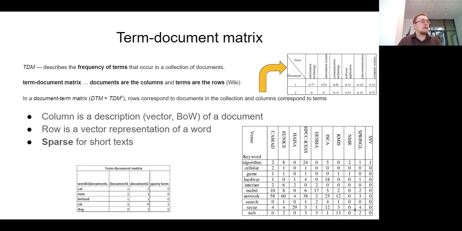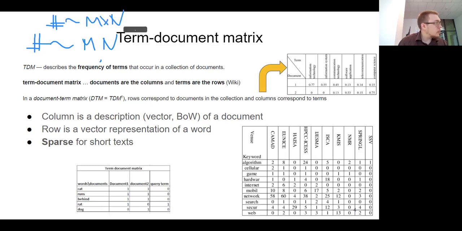Sparse means that the number of nonzero elements in the matrix is comparable to the dimensions of the matrix, so comparable to m or n. A dense matrix means that the number is comparable to m by n. You understand the difference? Okay, great.